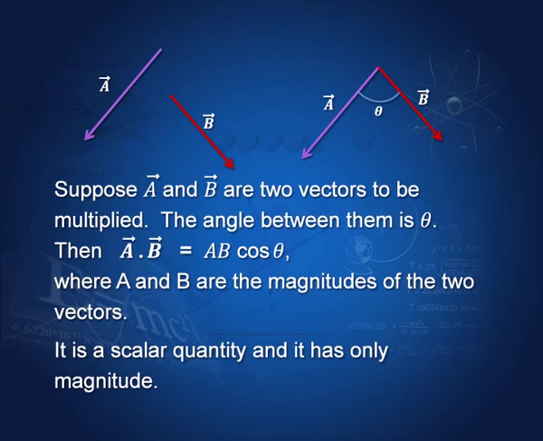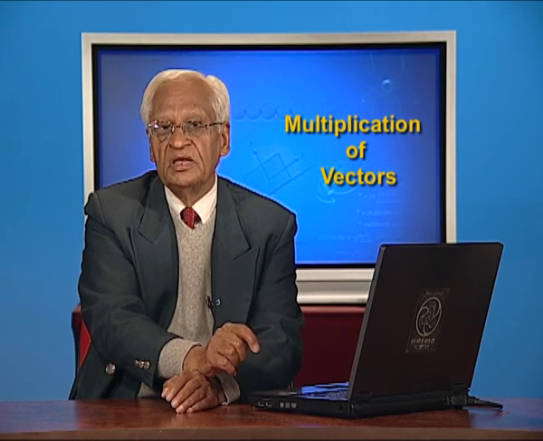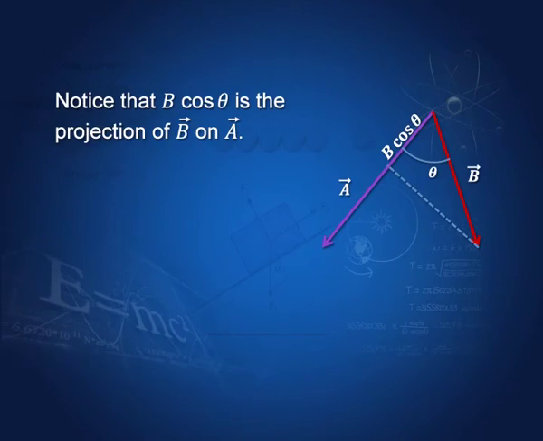You can see that there is no vector in A B cos theta. Notice that B cos theta is actually the projection of vector B on vector A. You see, we have drawn a perpendicular from the tip of vector B onto vector A, and the projection is given by B cos theta, and the product becomes A B cos theta.